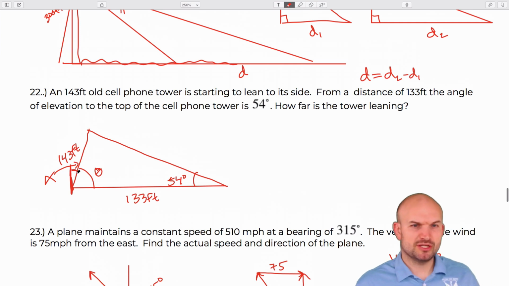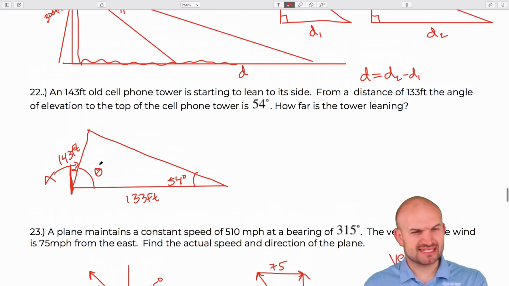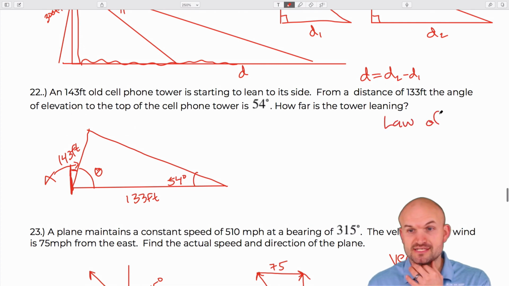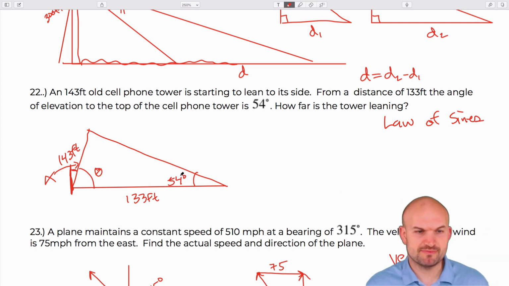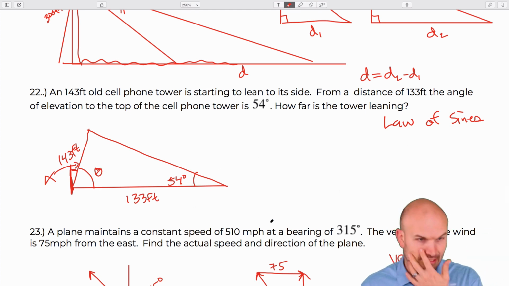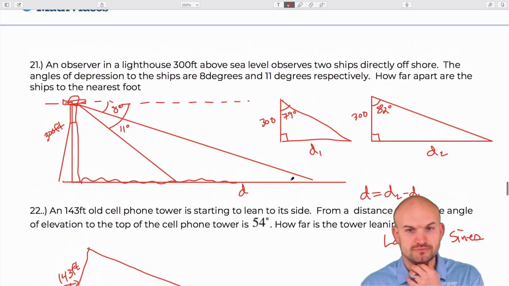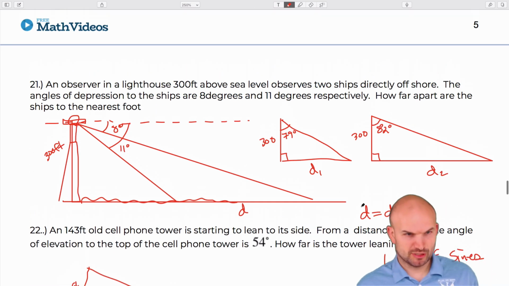In this case, we're going to be looking for the angle that it is leaning. This is actually going to be the law of sines. We're going to have to solve for theta to find alpha, but the final answer is looking for alpha, which we're going to need to find. The next one, we're looking for the distance.